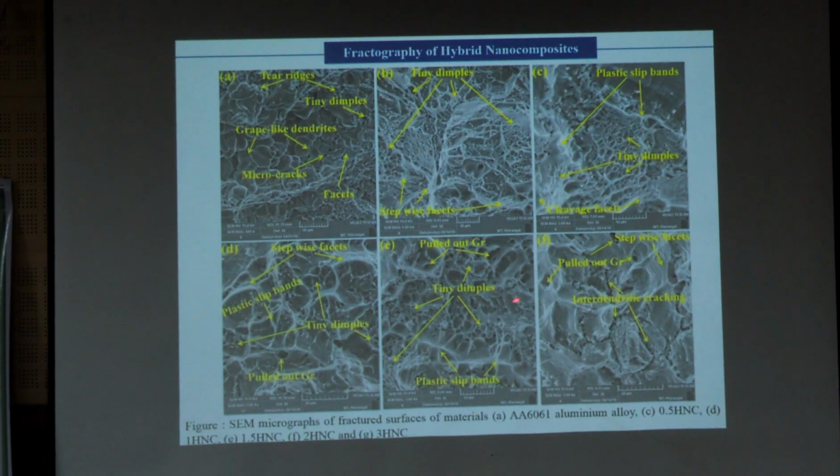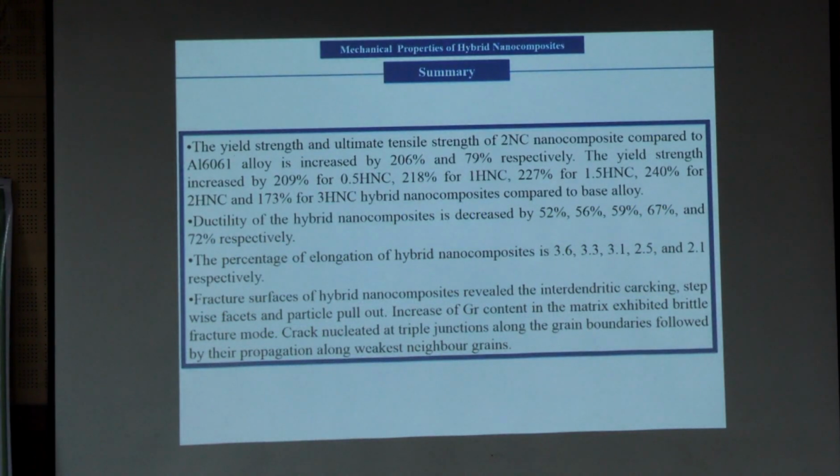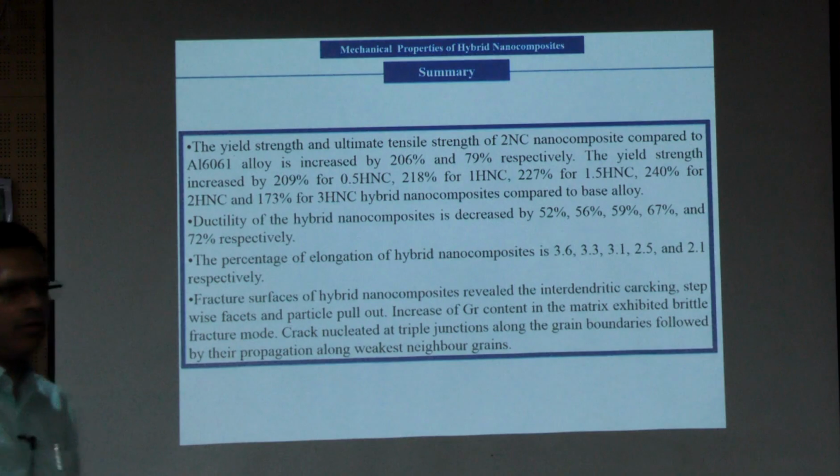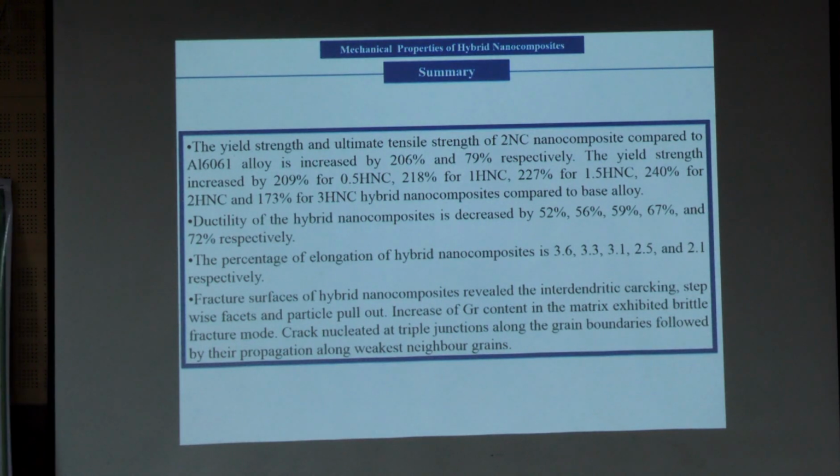We can try to analyze where the fracture is uniform, where the fracture is better, right? Based on this also we can come to some conclusions. So based on the mechanical properties like hardness and strength, we come to some conclusion where the properties are good and where we can go for.